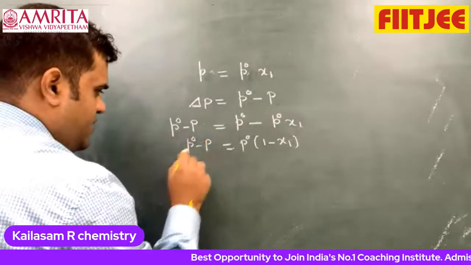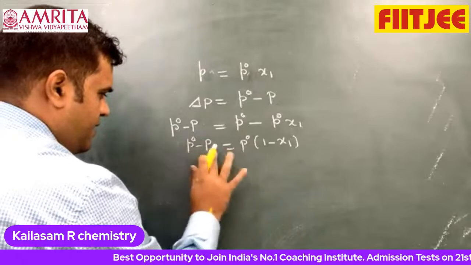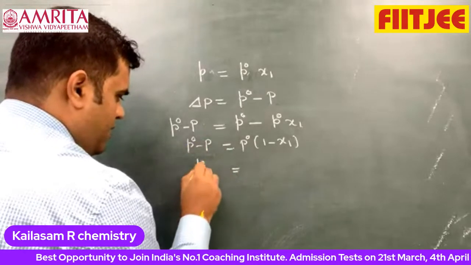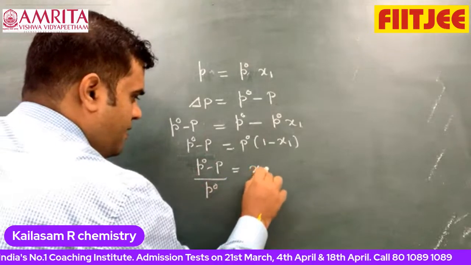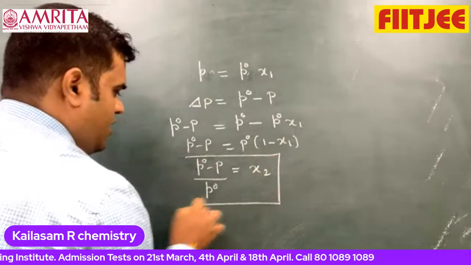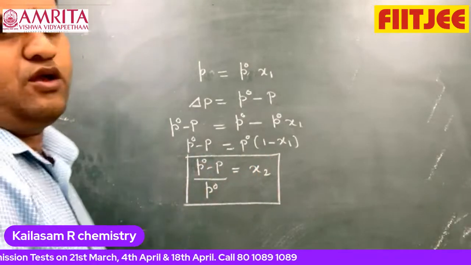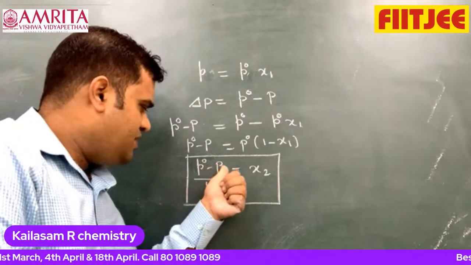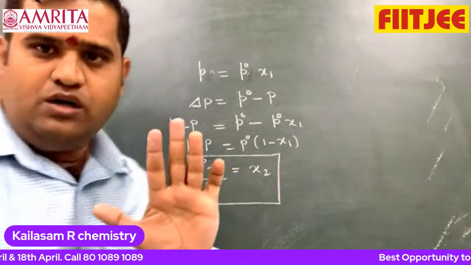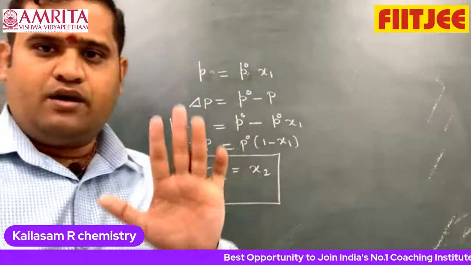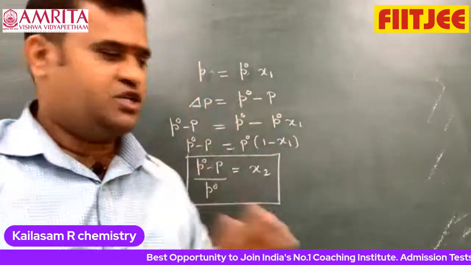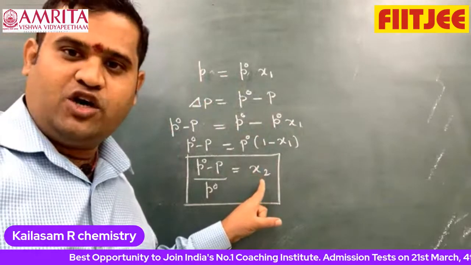So P naught minus P by P naught is called the relative lowering of vapor pressure, and it equals X2. What is X2? The mole fraction of the solute.